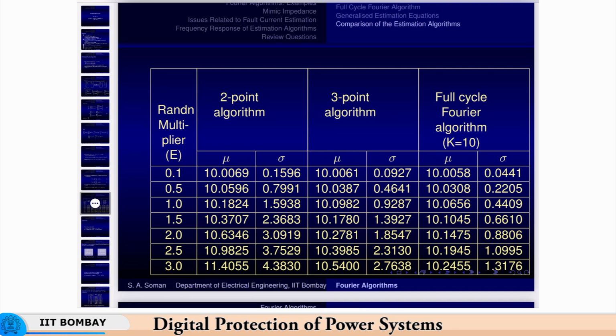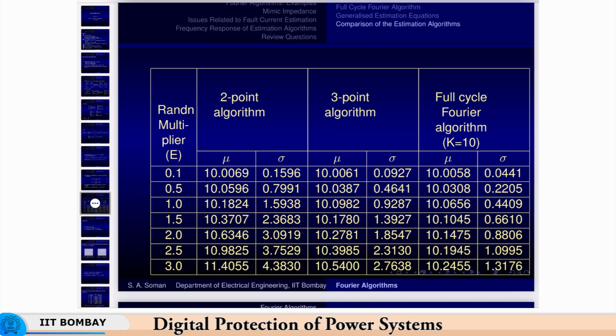For a 2-point algorithm, we see that this is the same result as earlier, 11.4, that is the mean. Remember that the value of Vm is 10, okay, and the standard deviation is 4. So, wide oscillation, if you can call it. Then for the 3-point algorithm, the mu is 10.5 and sigma is 2.76, and for the full cycle Fourier with 10 samples.